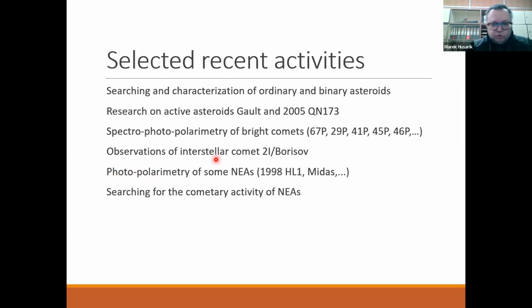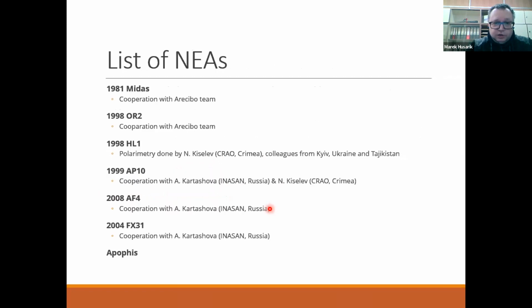There is a small project to study some NEAs with radar data, in collaboration with radar colleagues. And here is another, like a byproduct, that we try to search for cometary activity for some near-Earth asteroids.